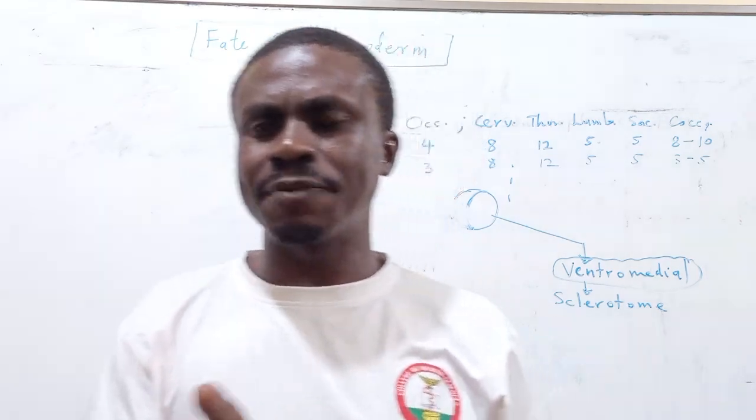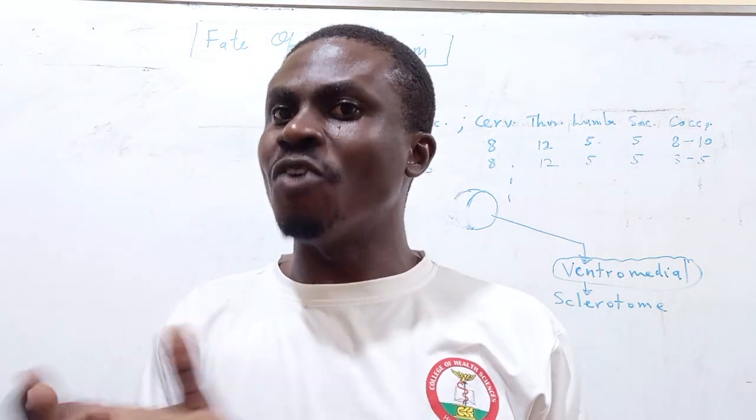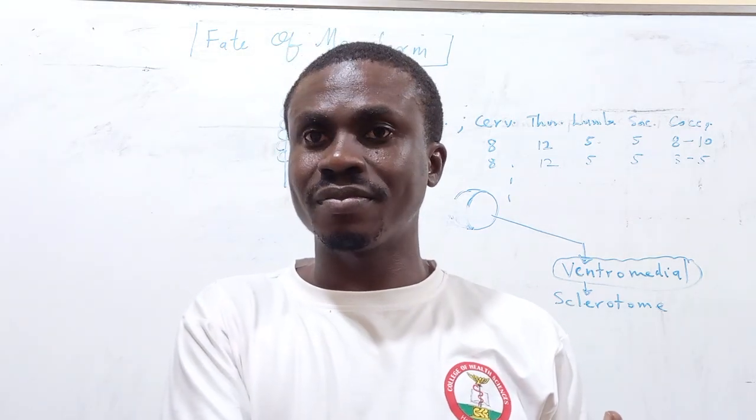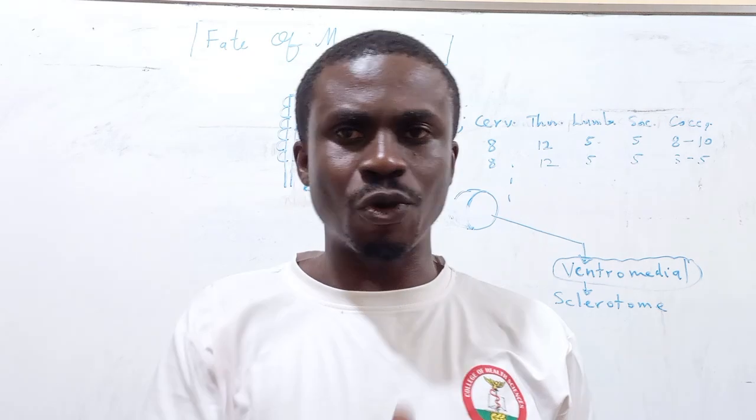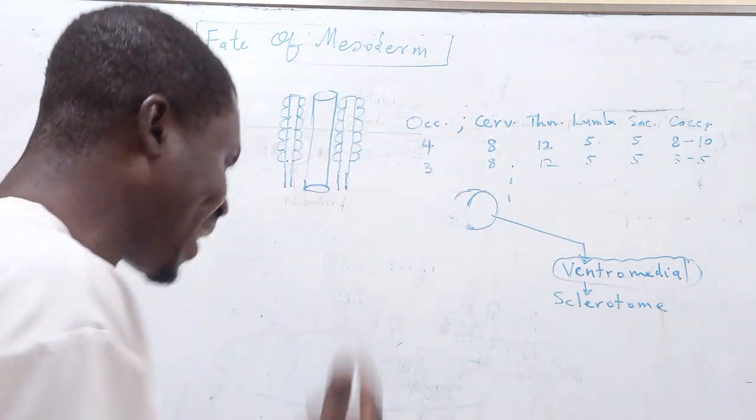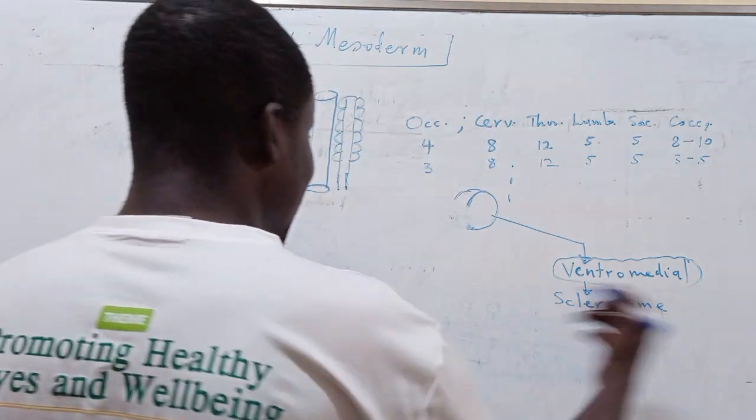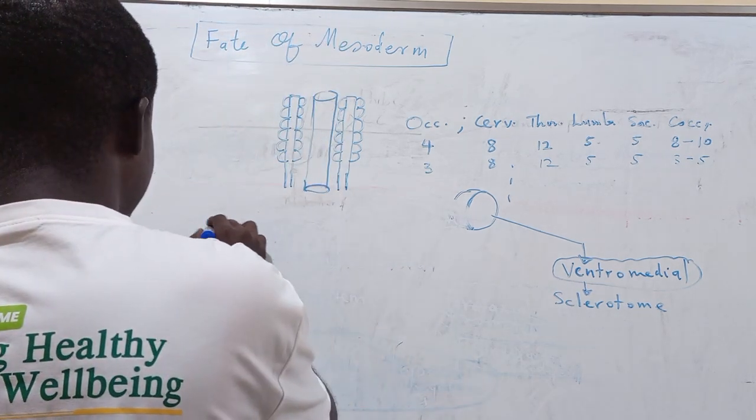Yes, this is very important. Some components of the axial skeleton, not all. And what components are we talking about? My friends, we are talking about the ribs. This sclerotome will give rise to what we call ribs.